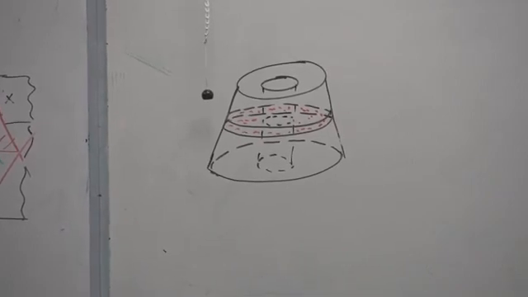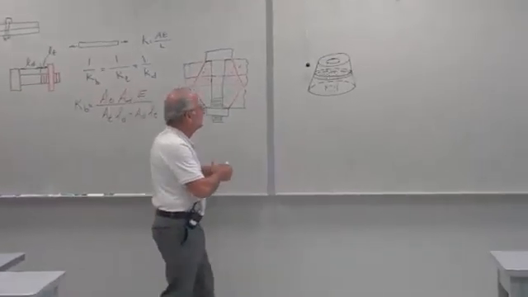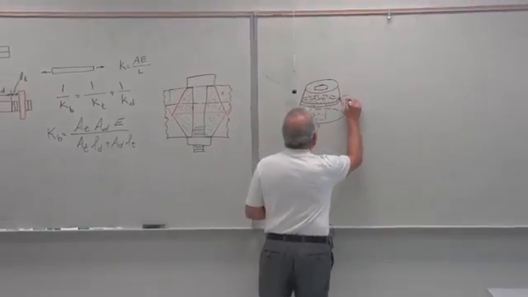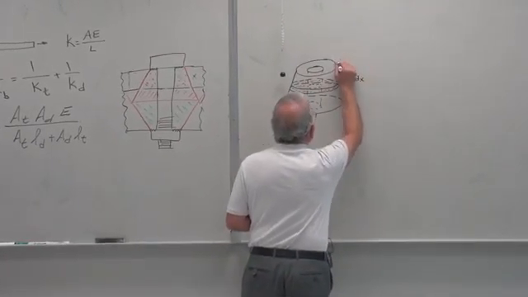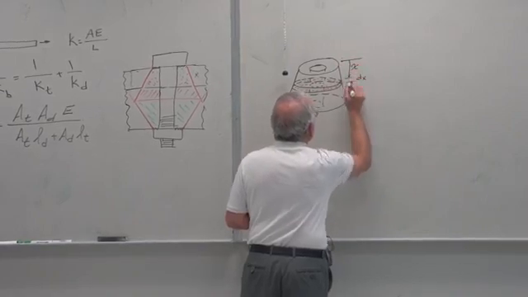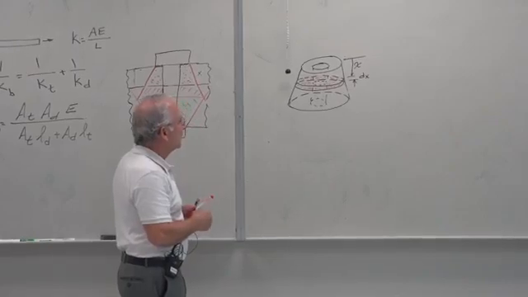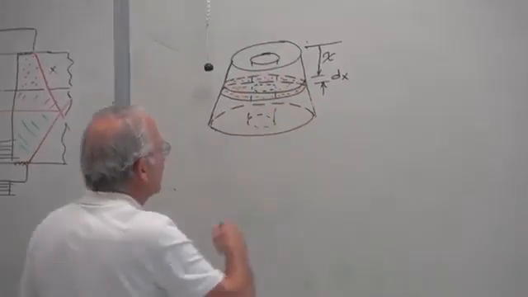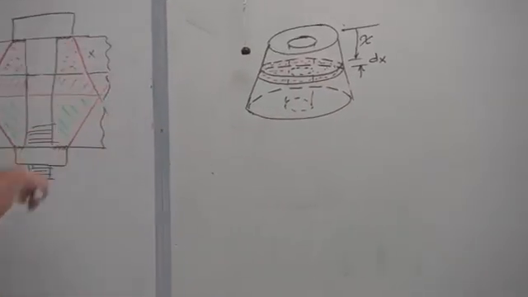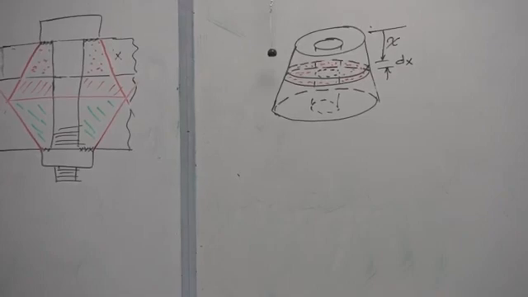You can think of it as a washer, if you want. Very thin element whose thickness, dx, is situated at a distance x from the top. And now I can find the stiffness for this small element, and then by integration to find the deflection, I can find the stiffness for the whole thing.